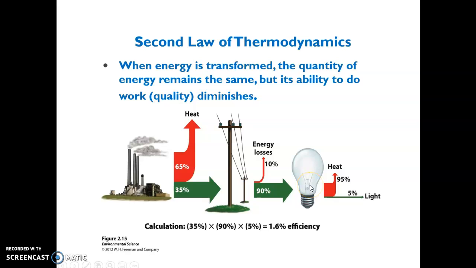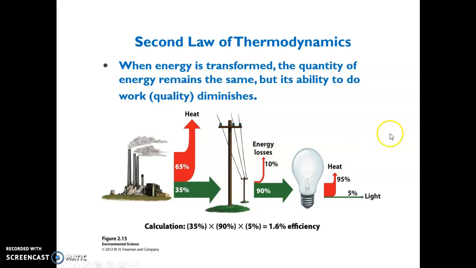You can see an incandescent light bulb, of all of that energy that's reaching it as electricity, only 5% is transformed to light, and 95% is just given off as heat. Which is why if you've ever touched a regular old-fashioned incandescent bulb, it gets hot, very hot over time.